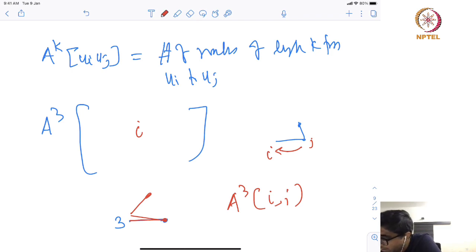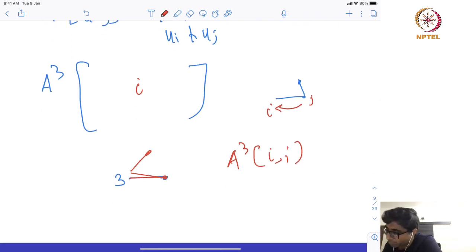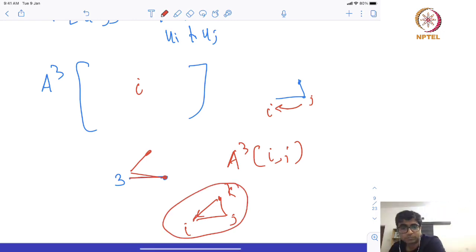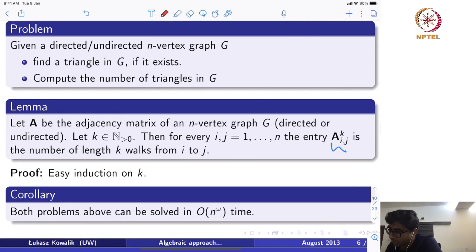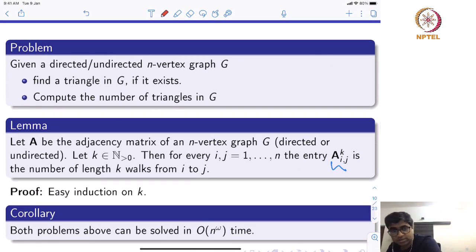Okay. So basically, in A cube i comma i, I start at i, visit some other vertex j, visit some other vertex k, and then I come back. But then this is a triangle. So basically the graph has a triangle if and only if in A to the power 3, the third power of A, there is a non-zero diagonal entry.